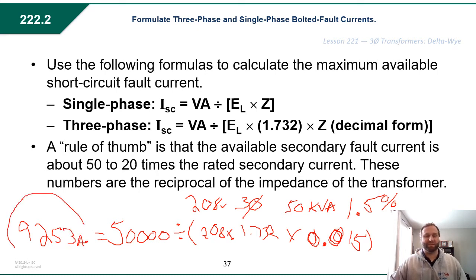That's a lot of amps available to fault out at that three-phase circuit. So that's how you would calculate a three-phase short circuit, and similar to your single-phase short circuit.